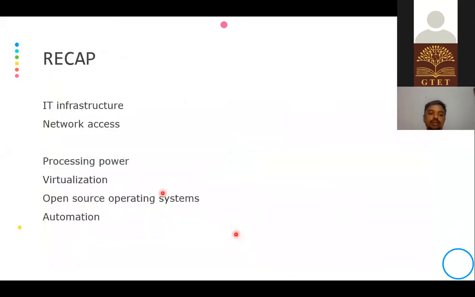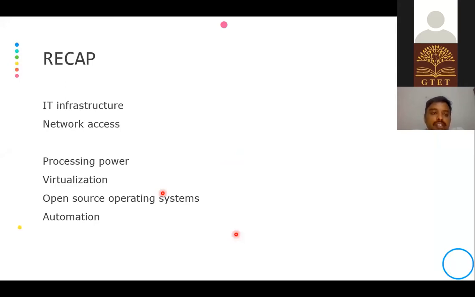Let's do a quick recap of what we discussed in terms of the basic building blocks of cloud computing, and what are the technological advancements that are driving the growth of cloud computing.